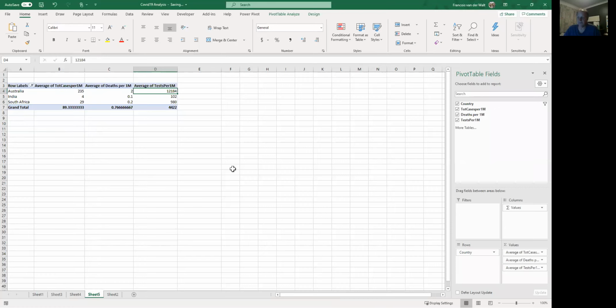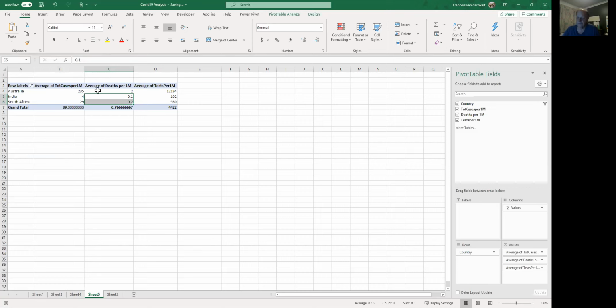Can you see we've done 12,000 tests for every 1 million people, whereas in India and South Africa they've hardly done any tests. So that explains why there are so few total cases. Do you understand that? They didn't test a lot of people. They tested hardly anybody. And even with deaths, if you didn't test, you wouldn't know if somebody had coronavirus when they died.